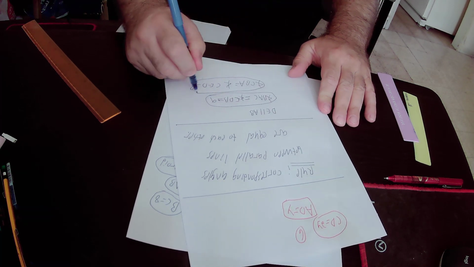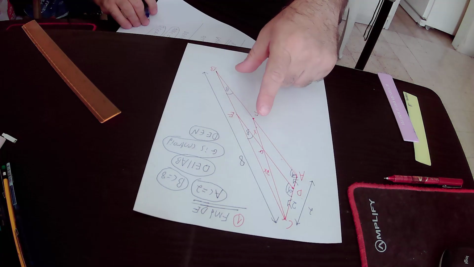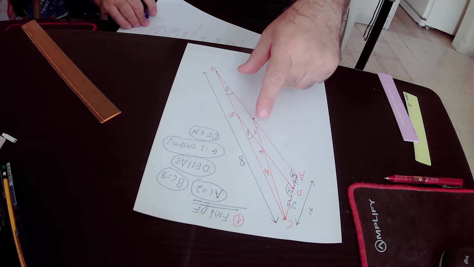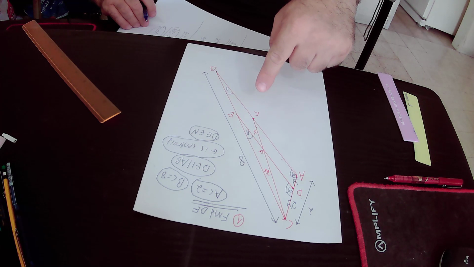Okay, again, those two angles are corresponding angles that are located between parallel lines, therefore they are equal to each other.